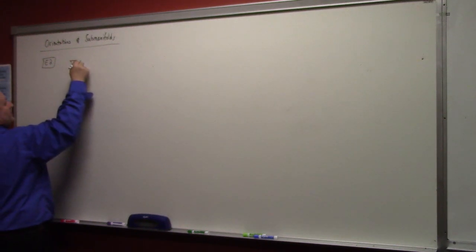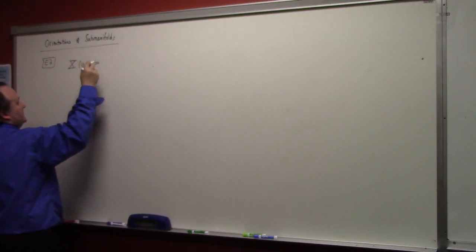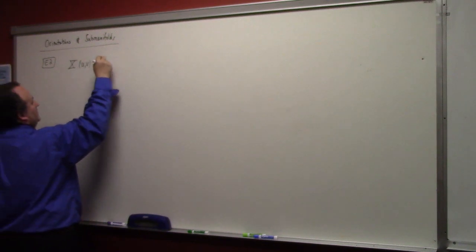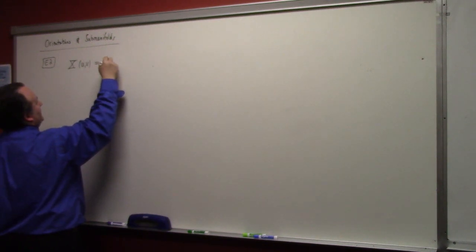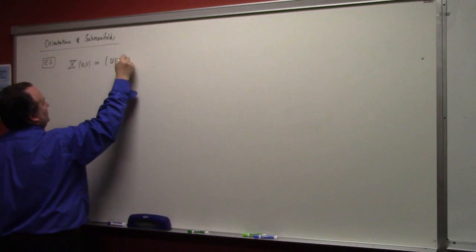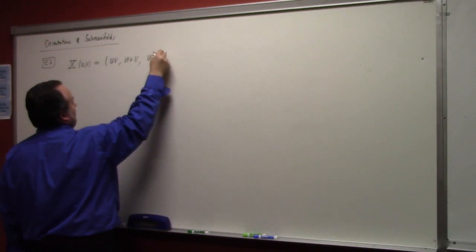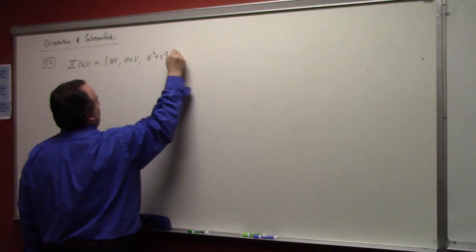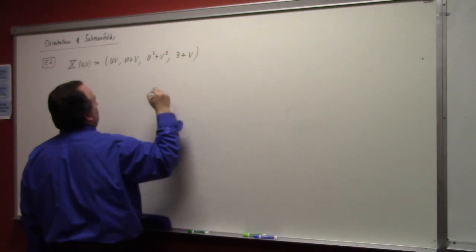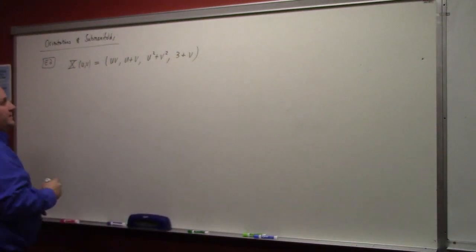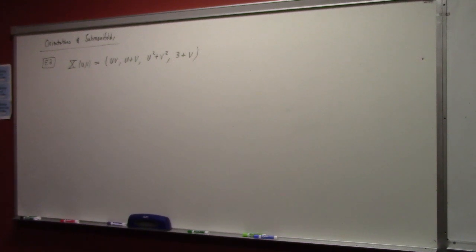X of (u,v) equal to, let's go with (uv, u plus v, u squared plus v squared, 3 plus v). There you go. That is a patch of a 2-dimensional manifold in R4.